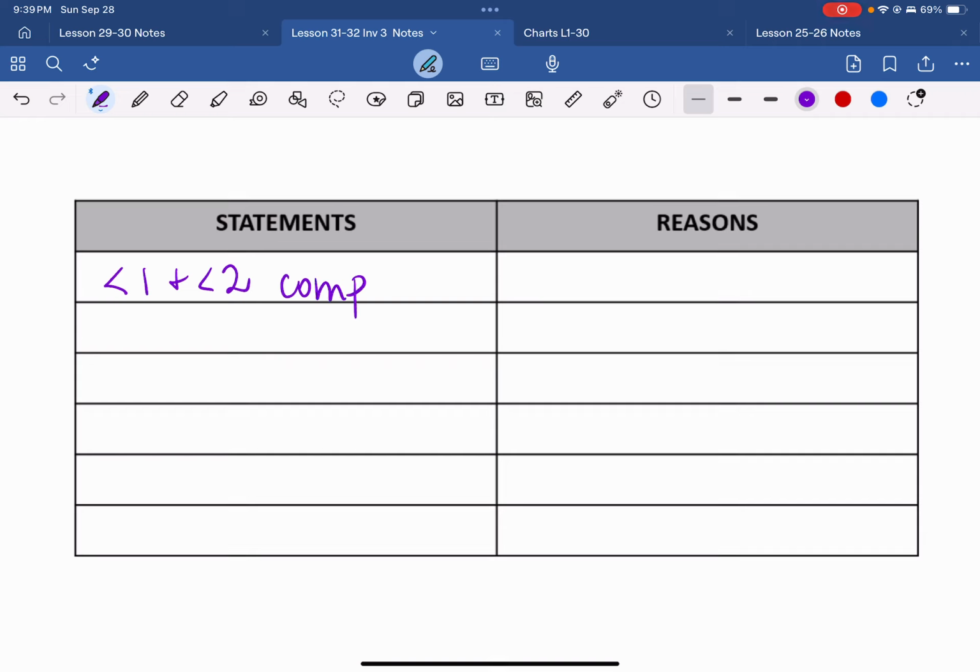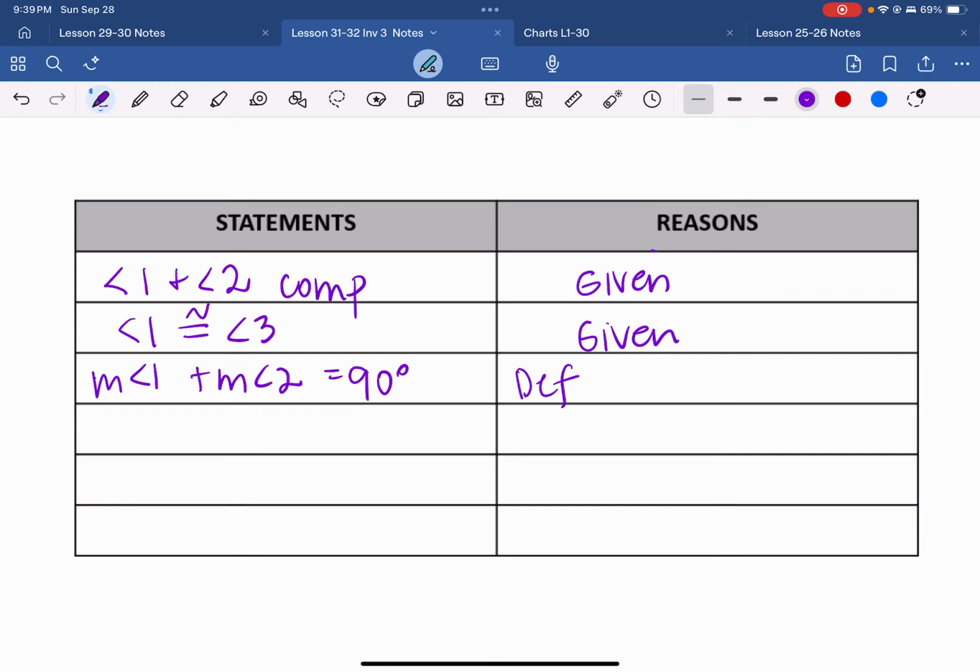Okay, we have angle 1 and angle 2 complementary. That was given to us. Another thing that was given to us is that angle 1 is congruent to angle 3. Then it said that measure of angle 1 plus measure of angle 2 equals 90 degrees. Definition of complementary angles. Measure of angle 1 equals measure of angle 3.